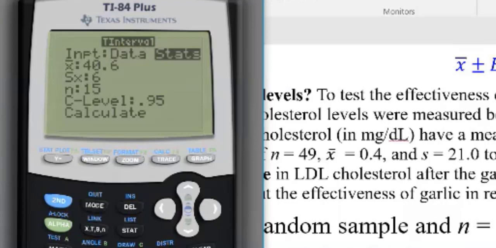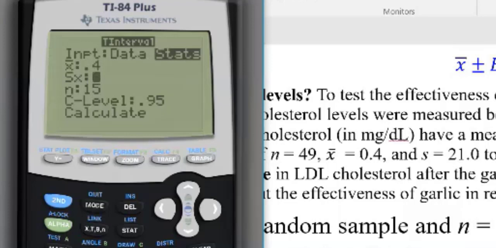Data, when let's say you have 10 pieces of data, you put it in L1, let's say. First you enter the data in somewhere like list one, L1, L2, whatever. In this case, stats. So put X bar equals 0.4. We enter.